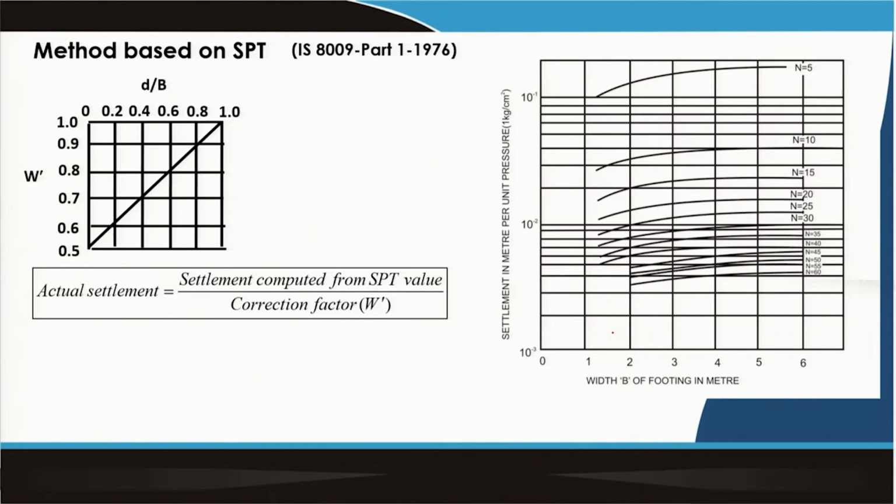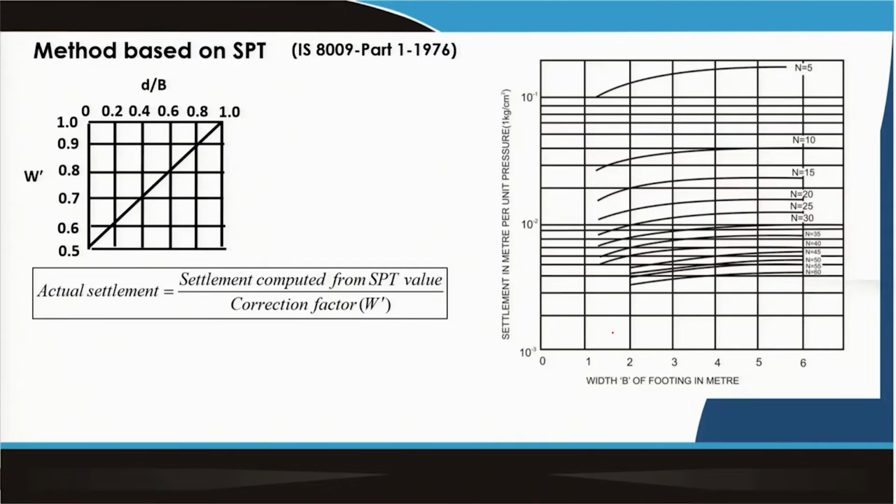So, for settlement we use the IS method that I have discussed, because for settlement calculation for granular soil I have discussed 5 methods: the plate load test, SPT, SCPT, the semi empirical method and the influence factor method.